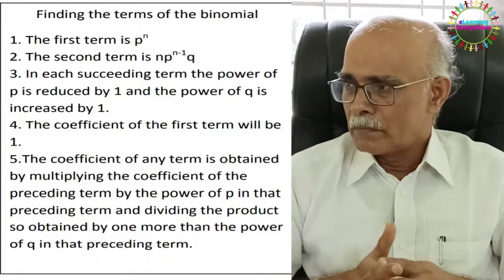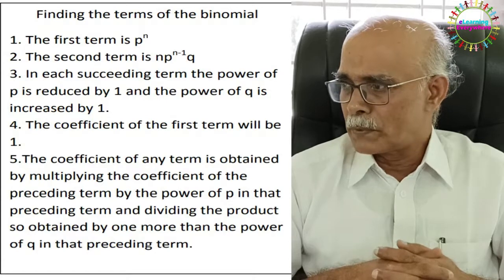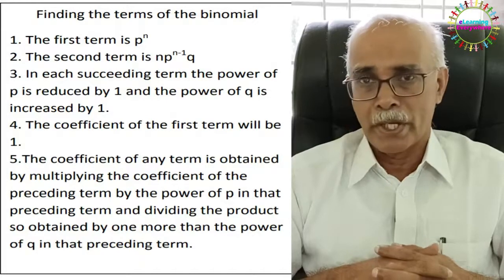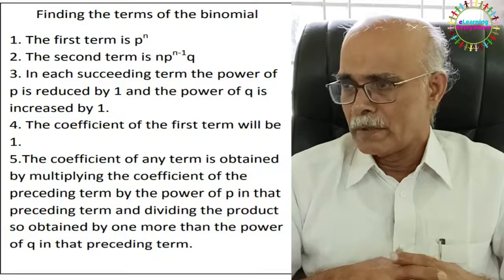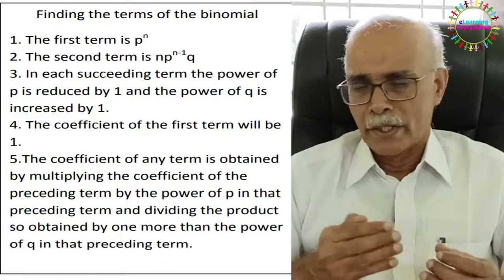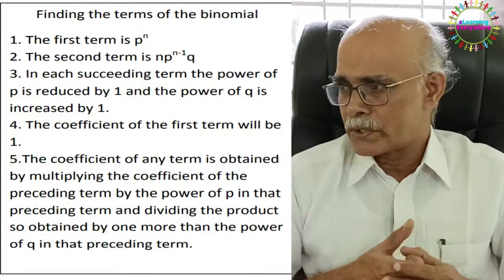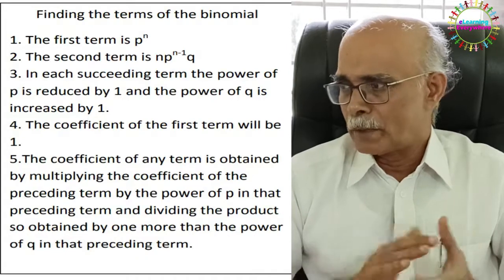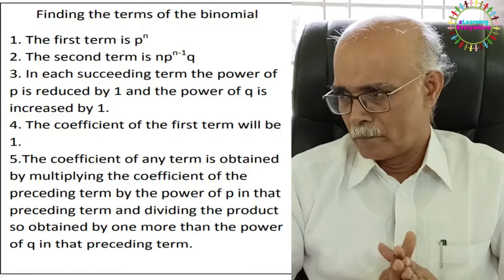The first term of the binomial p plus q raised to n is p raised to n always. The second term is n p raised to n minus 1 q, and in each succeeding term the power of p is reduced by 1 and the power of q is increased by 1.